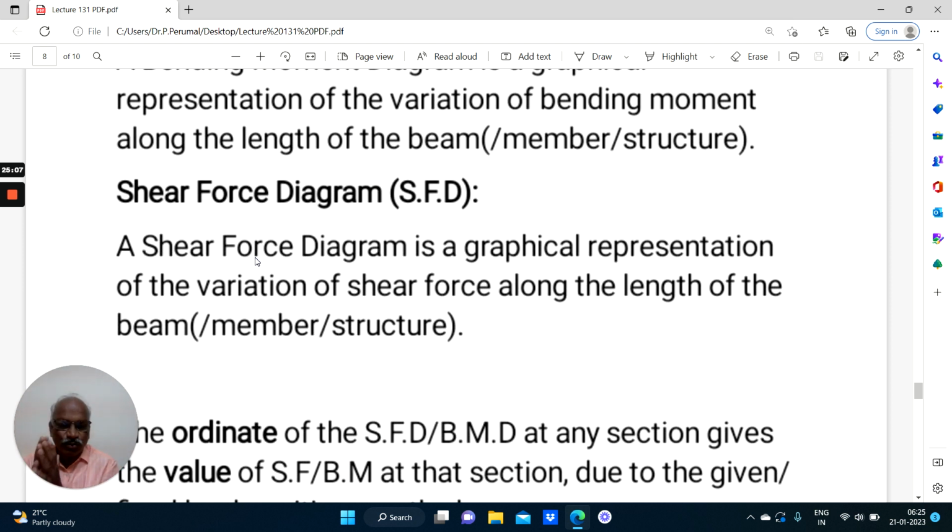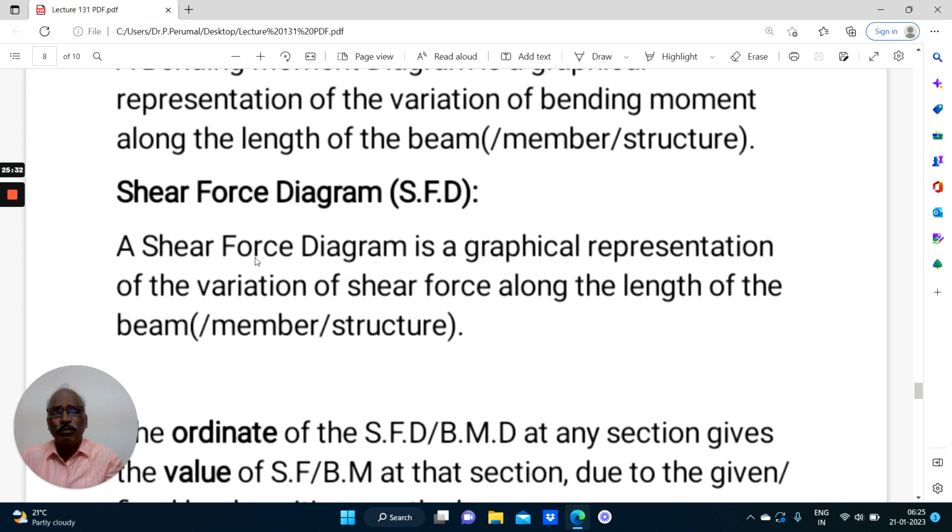So on just looking at the shear force diagram, we will be able to find out what is the value of shear force to which a particular section will have to be designed. Because once you know the bending moment and shear force, there are different codes for different materials. RCC means IS 456 2000. Steel means IS 800.